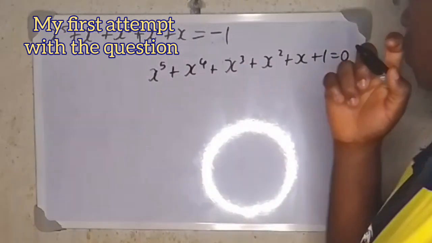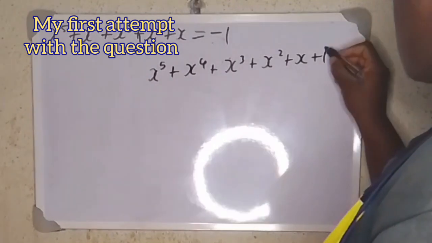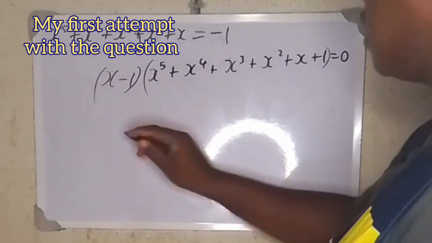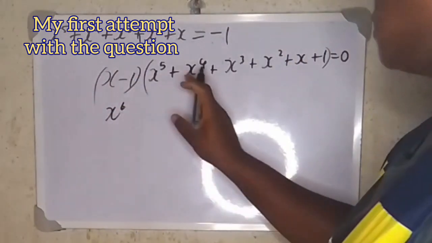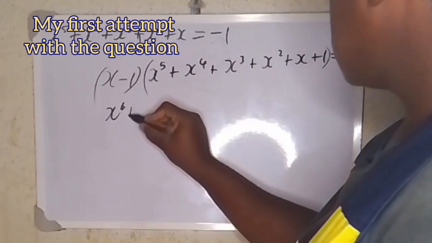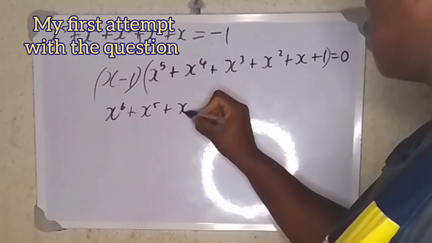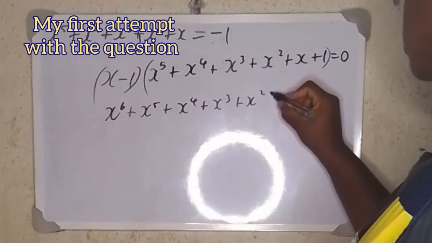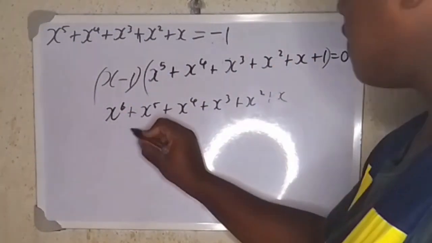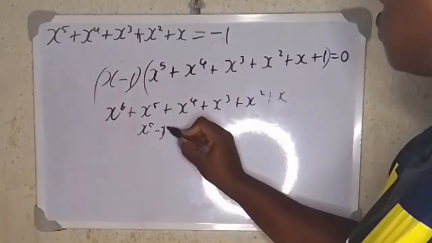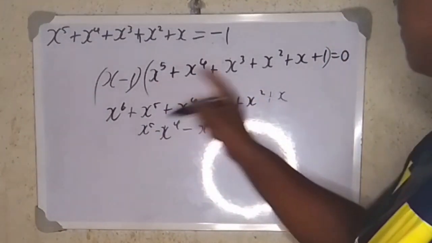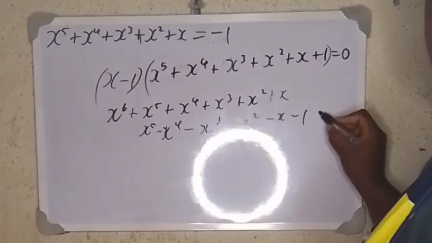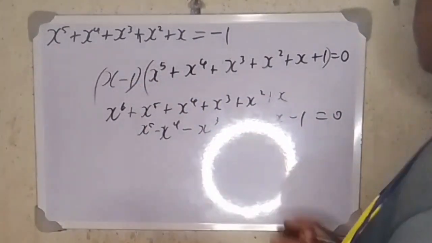Now looking at this, if we multiply all through by x minus 1, we will get x times x, that's x to the power of 6, x times x to the power of 5, that is x to the power of 5, plus x to the power of 4, plus x to the power of 3, plus x to the power of 2, x times 1, that is plus x, minus 1 times x to the power of 5, that is minus x to the power of 5, yes, we're going somewhere, minus x to the power of 3, minus x to the power of 2, minus x minus 1, all is equal to 0, because 0 times x minus 1 will still be 0.